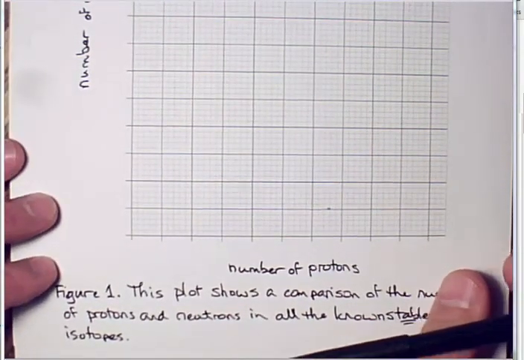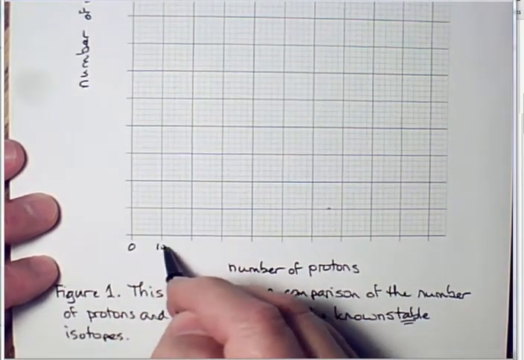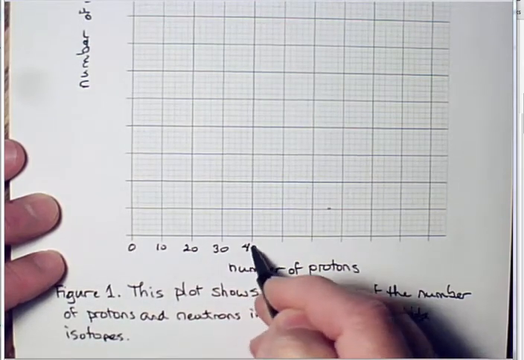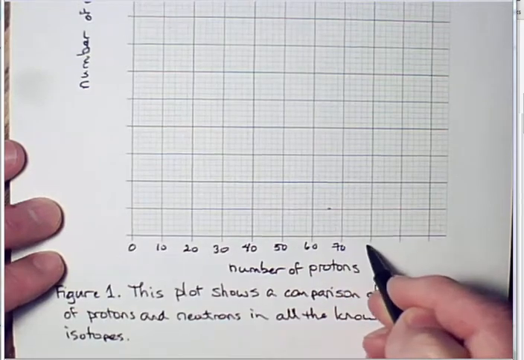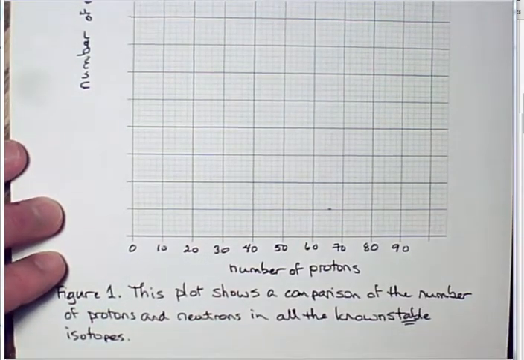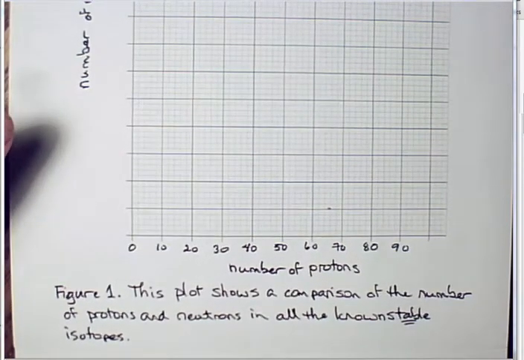So we're going to label this as 0 and 10, 20, 30, 40, 50, 60, 70, 80, and 90. And we don't have to go beyond 90. And here's why.